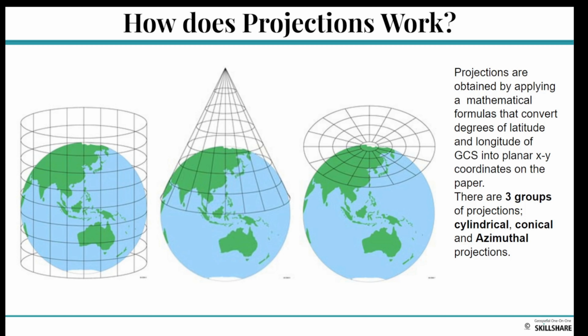Now, with this mathematical formula that we apply, we end up with three basic groups of projections. I'm going to discuss them one after the other so we can get some understanding. We are getting cylindrical, conical, and azimuthal projections. These are the three broad groups of projections that we have.